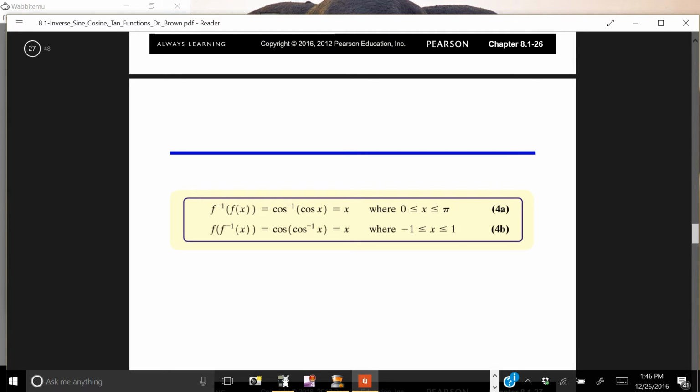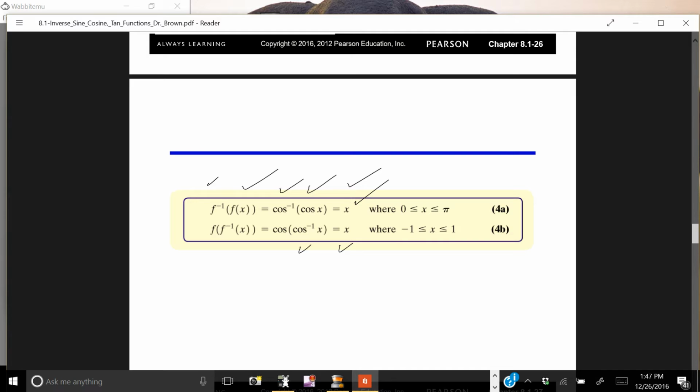Now, looking at how you would use composite functions, recall again that if you apply the inverse of the function itself, you get your x back. So the inverse cosine of cosine x is equal to x. The cosine of the inverse cosine function is also equal to x.